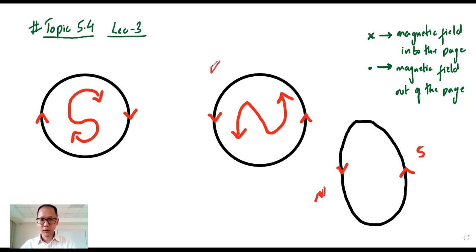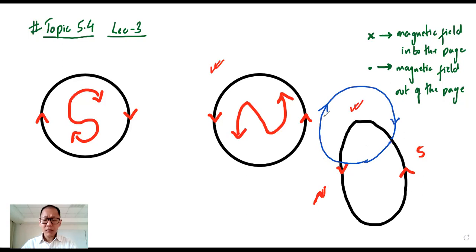This diagram and the previous diagram are identical, just a different perspective of view. So this is the north pole, and if I want to draw the magnetic field of this circular wire, it would look something like this, from north to south. This is how we can figure out the directions of the magnetic field in a circular wire. We're done for today.